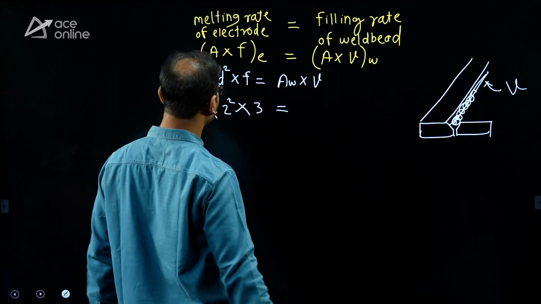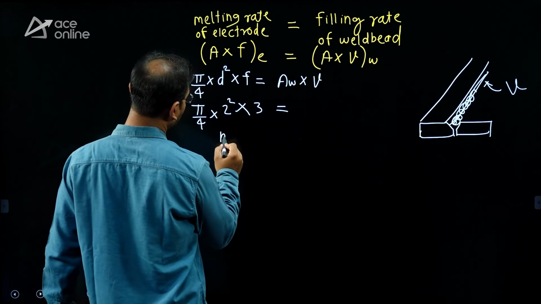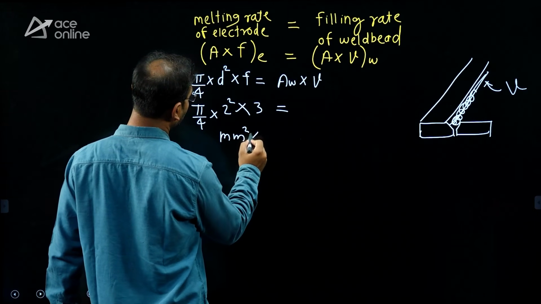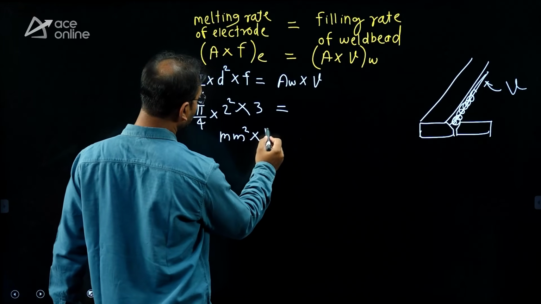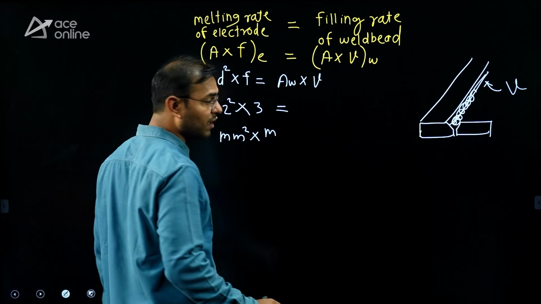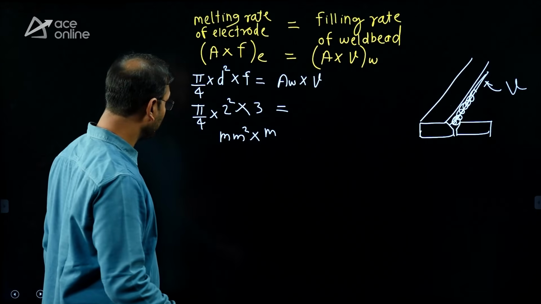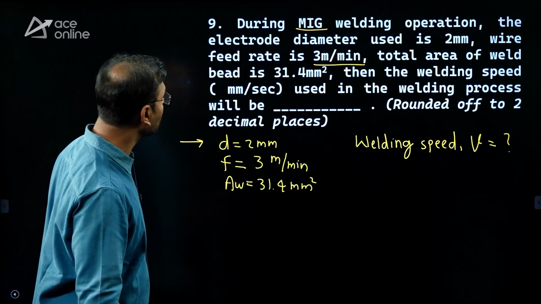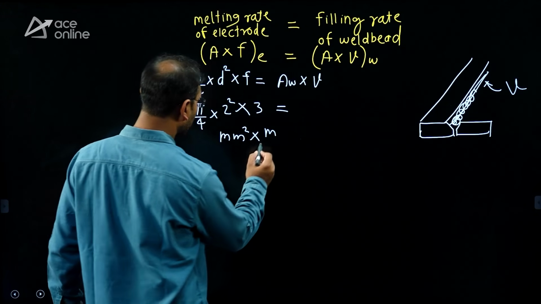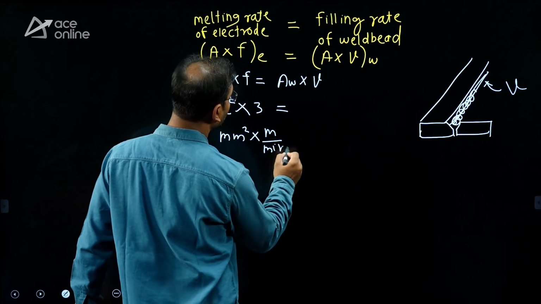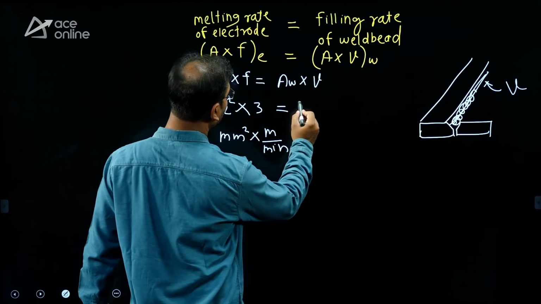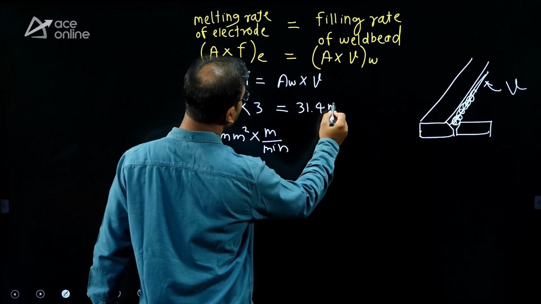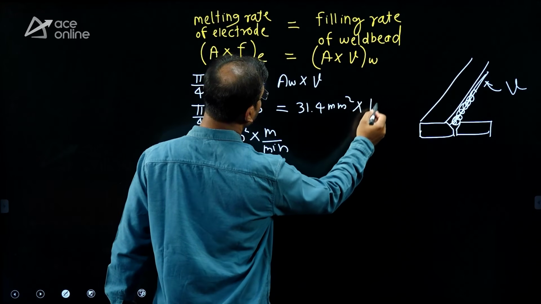You need to concentrate on the units. Here the diameter square is in millimeter square, and the feeder rate is in meter per minute. Into the area of weld bead, 31.4 millimeter square, into the welding speed.